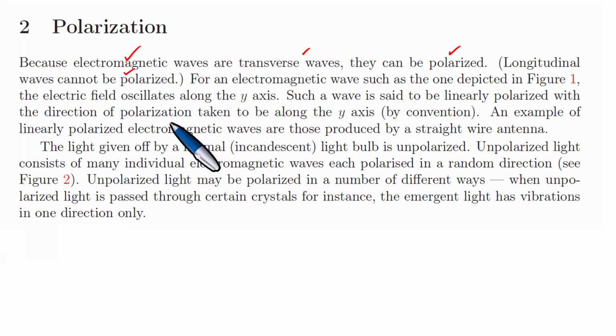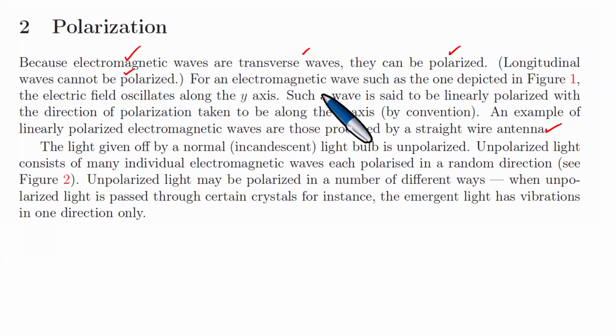Such a wave is said to be linearly polarized, with the direction of polarization taken to be along the y-axis by convention. An example of linearly polarized electromagnetic waves are those produced by a straight wire antenna.